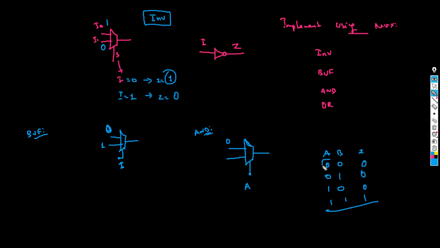So when A is 0, your output is basically 0. So you have taken care of that. Now, when A is 1, what is it? B, sir. B, because the output is exactly following B. So your other input, you can just name it simply B. Now this is going to work exactly as the AND gate. Okay, and what about OR?